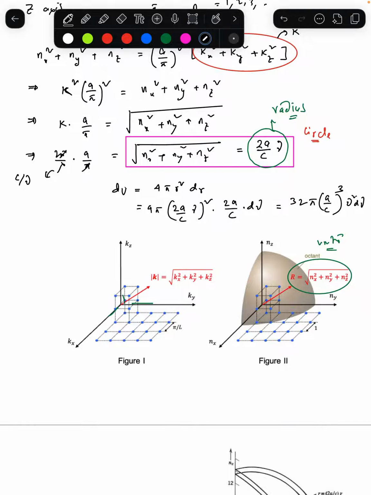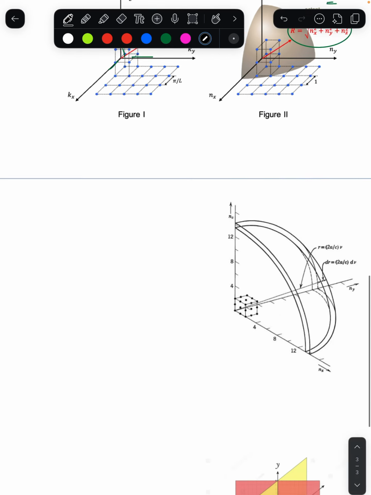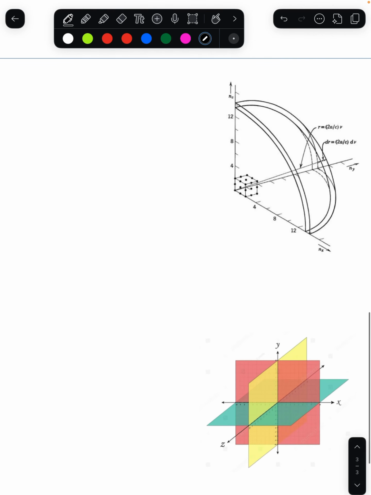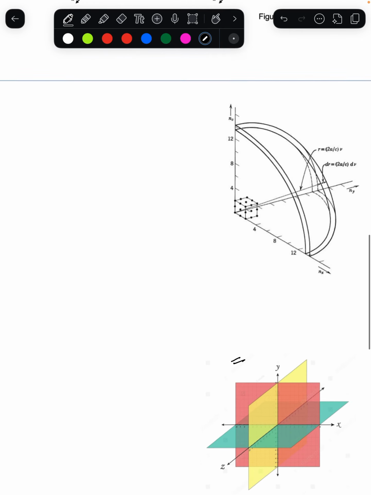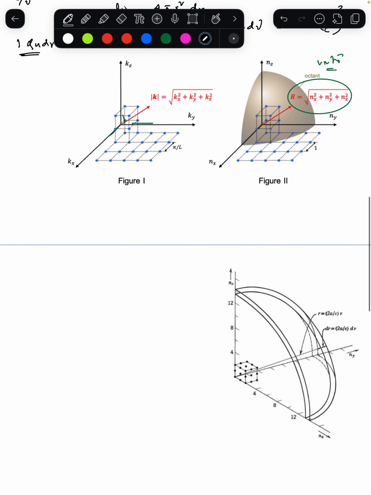Now think, we are interested here only about one quadrant. So how are the quadrants distributed? Here I have shown how the quadrants are distributed. Look at this particular diagram. One quadrant here is 1/8 of that. Since we are thinking about the first quadrant, I will divide that number by 8.